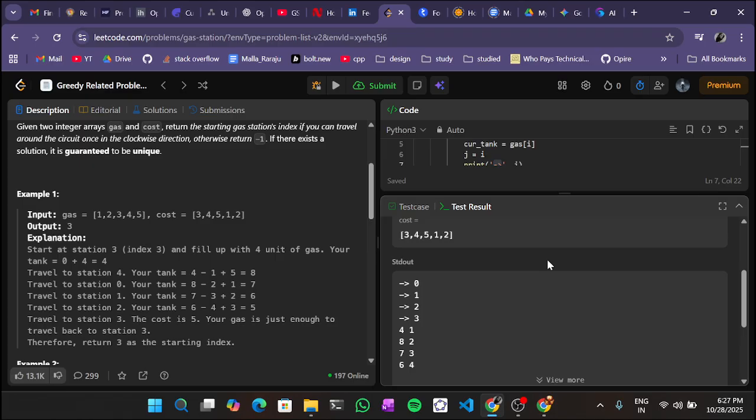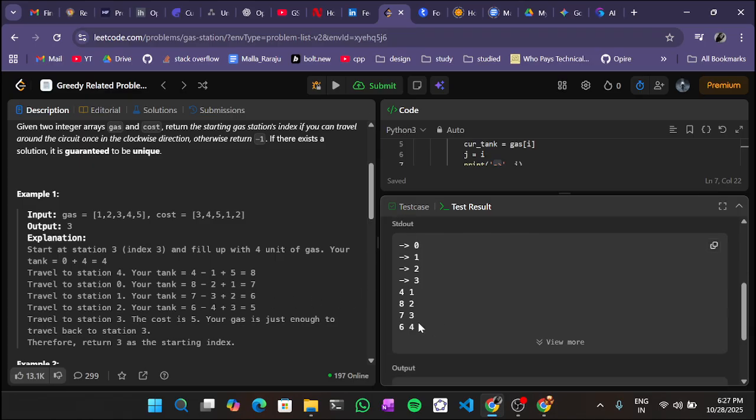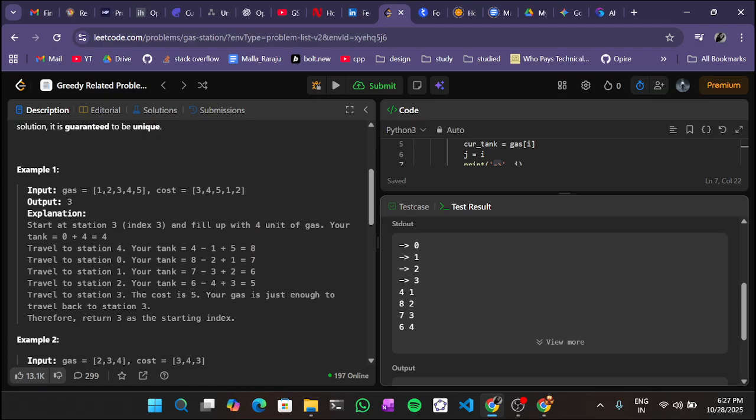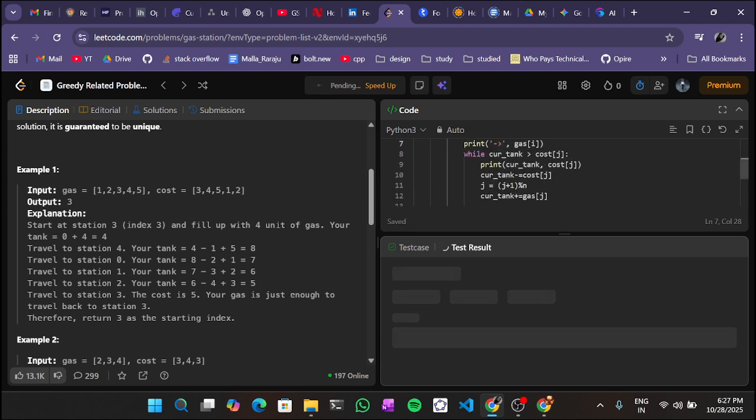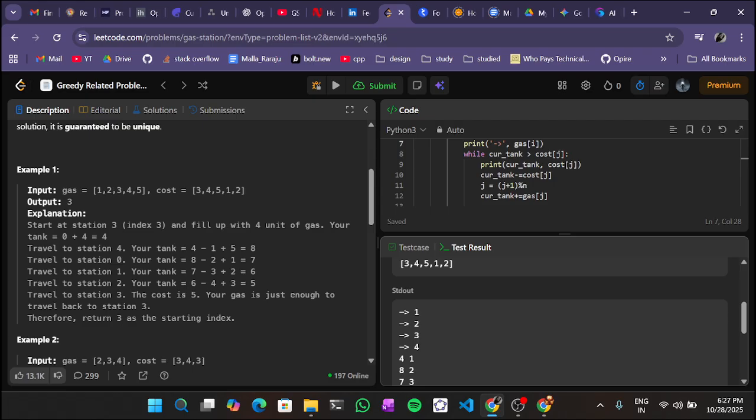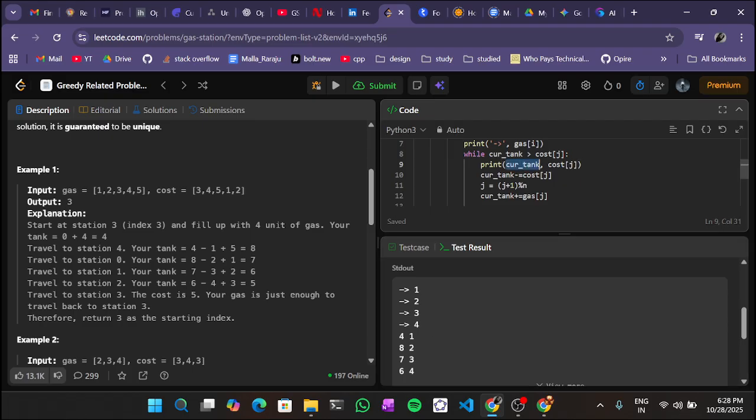0, 1, 2, 3, 4. At 4, current tank is filled with 4. 8, 7, 6.